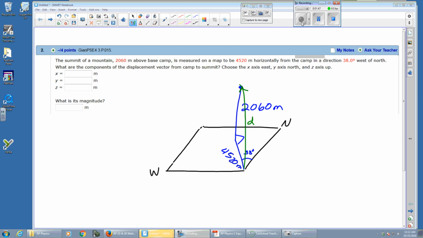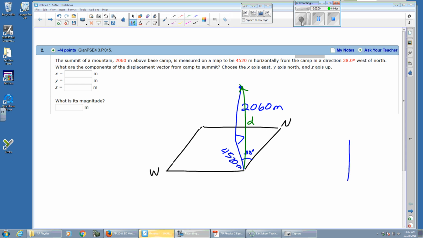That's in the Z plane. So if my hand is the horizontal plane, it's in the Z, it's the marker. So X and Y, fairly straightforward, right? Or very straightforward. You have the hypotenuse, you have one of the angles.